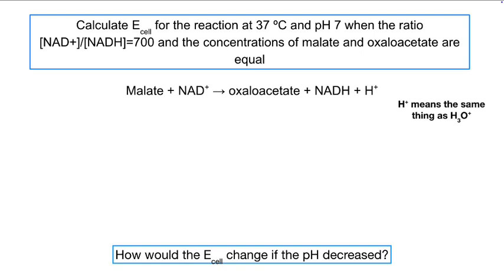Q. Which is why, when we look at the Nernst equation, our E cell, and note we won't use the little 0 in the upper right-hand corner because this is no longer at standard conditions, will equal our E cell at standard conditions, then what? Times the natural log of Q.